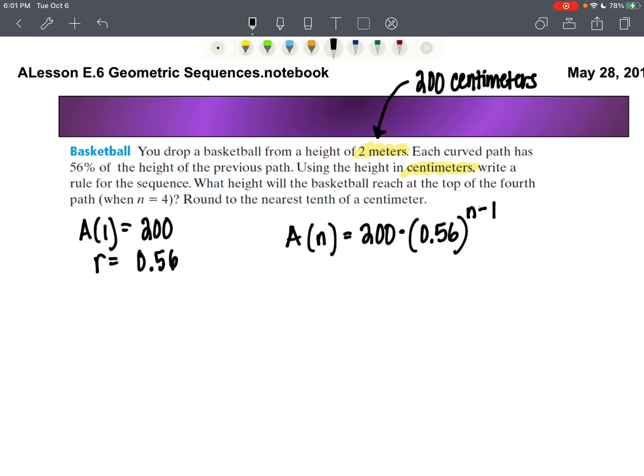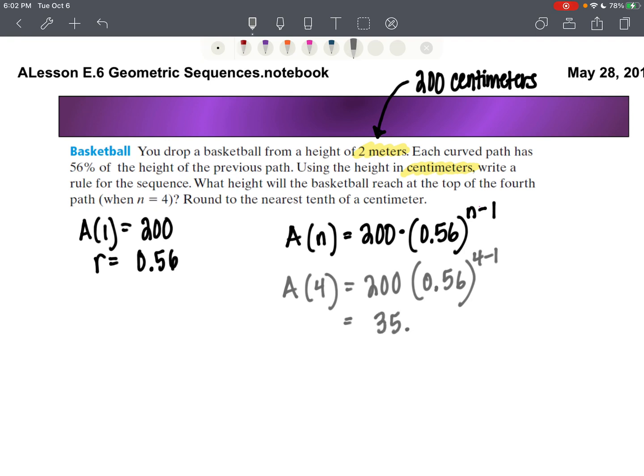What height will the basketball reach at the top of the fourth path? So the top of the fourth path, that means n equals 4. A of 4 is equal to 200 times 0.56 raised to the 4 minus 1 power. And 4 minus 1 is 3. When we put that into our calculators, we should get 35.1 centimeters.